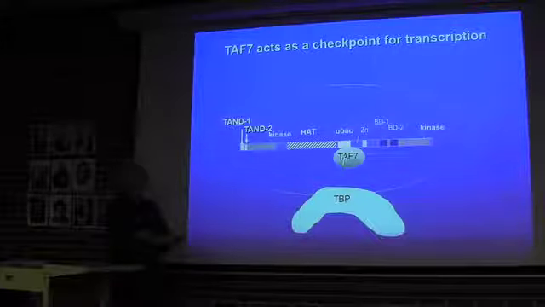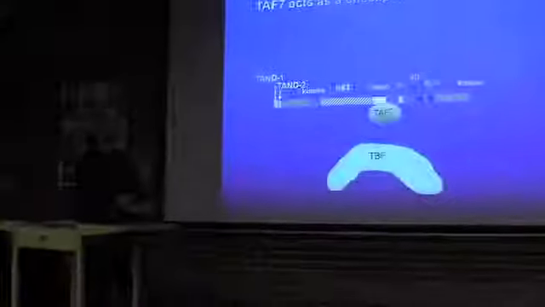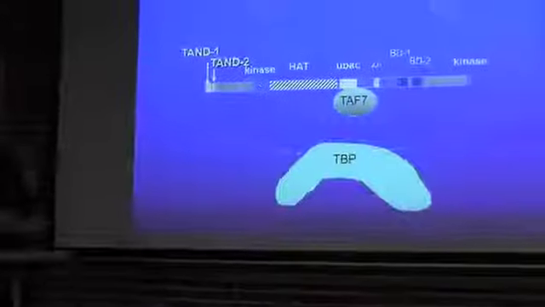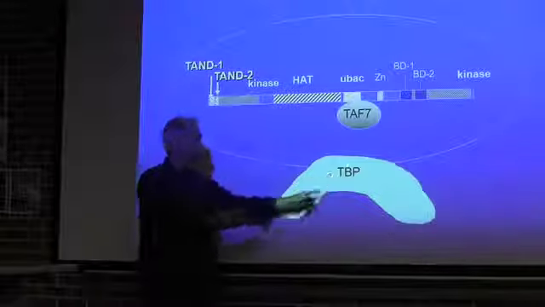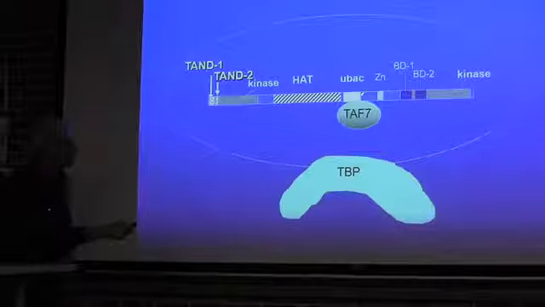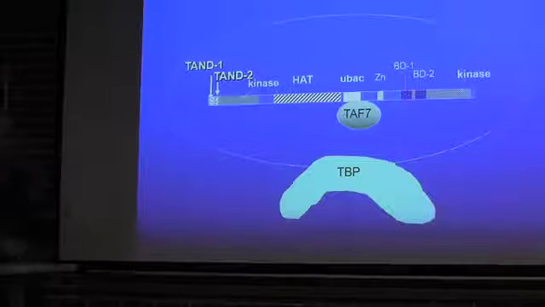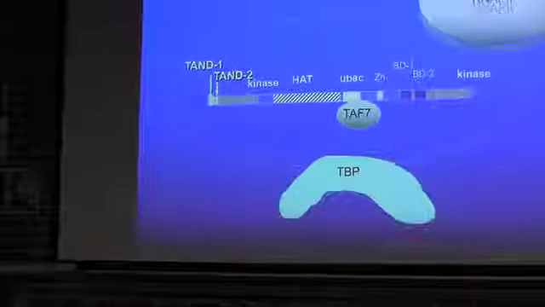TAF7 has two configurations. It's either bound to TAF1, or TAF7 is bound directly to TBP. If this region here is accessible, then it will prefer to bind to TAF1. So let's see what happens there.